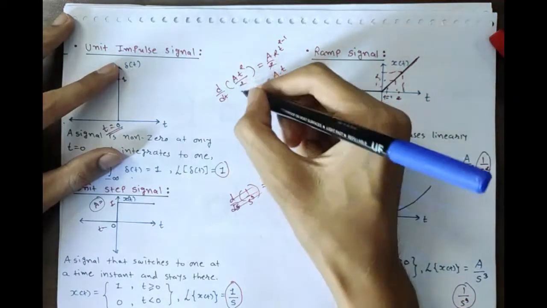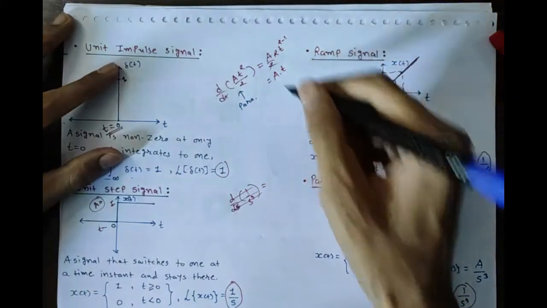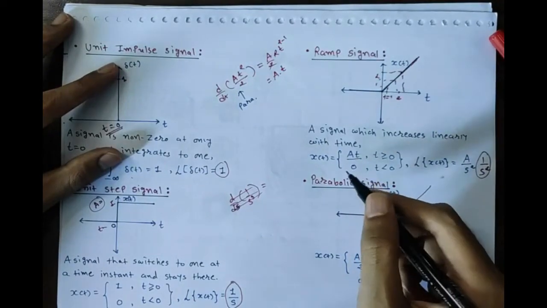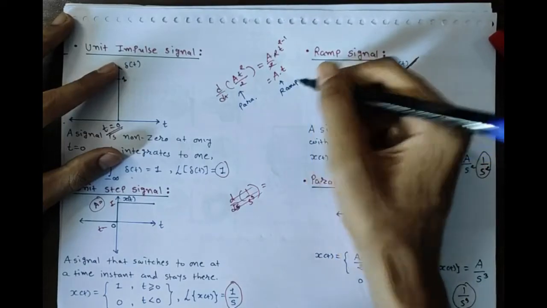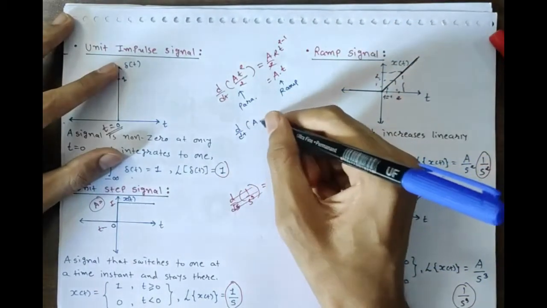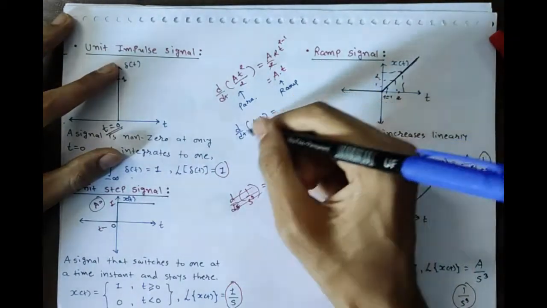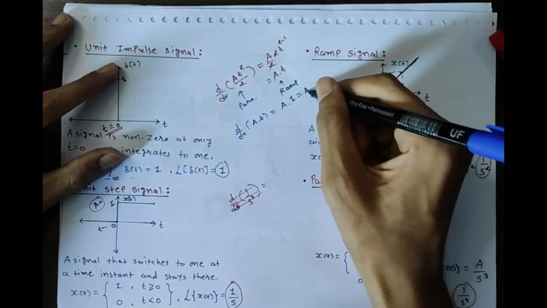This is the differentiation of the parabolic signal, and a multiplied by t is nothing but your ramp signal. In the same way, if you differentiate your ramp signal, that is a multiplied by t, a is constant and dt by dt is 1, so it is equal to a.